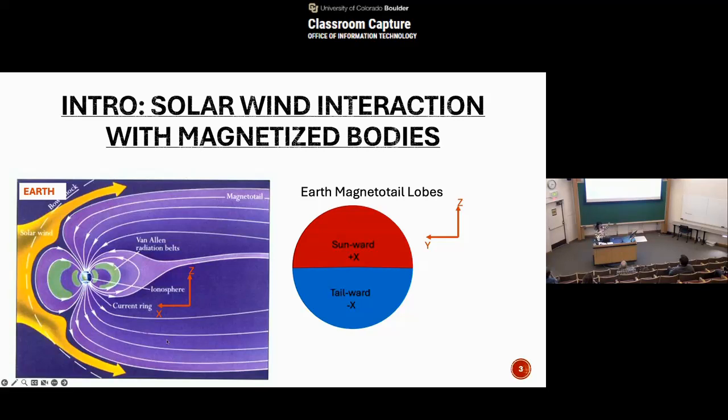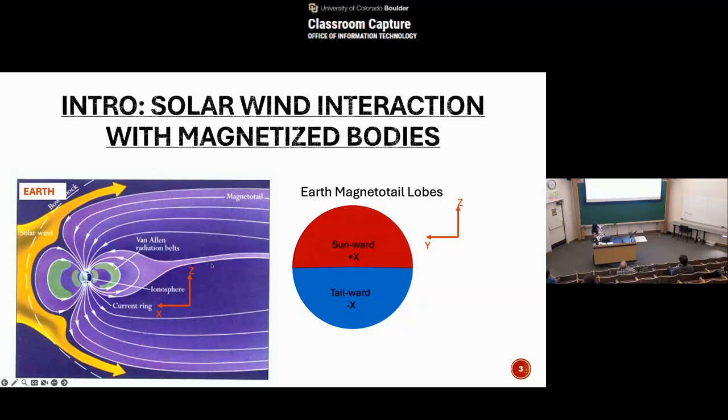So this is the magnetic field in the xz plane to the left. But to the right, if we take a cut at the tail and look at the yz plane, it's almost like a cylinder, and it has the sunward field in the north, and then tailward field in the south.